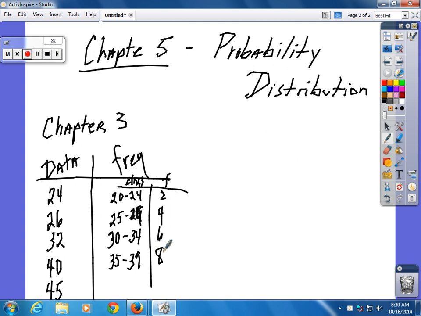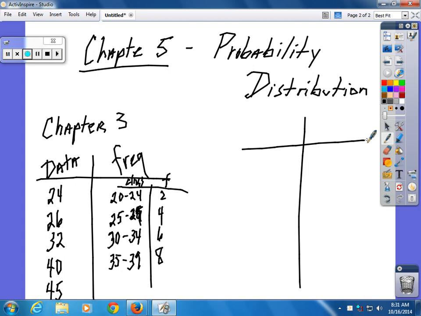All right, so in chapter 3, we studied the difference between a data-driven set and a frequency distribution. Now, everybody remember doing that? Finding the mean and the standard deviation for both. Everybody remember that? All right, well, in chapter 5, we're doing the second part of this same scenario.